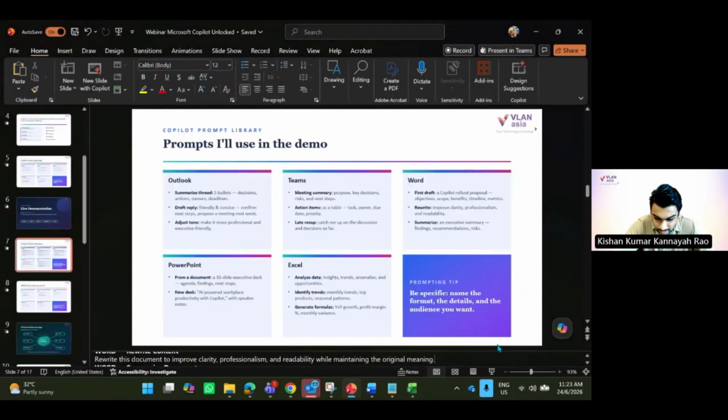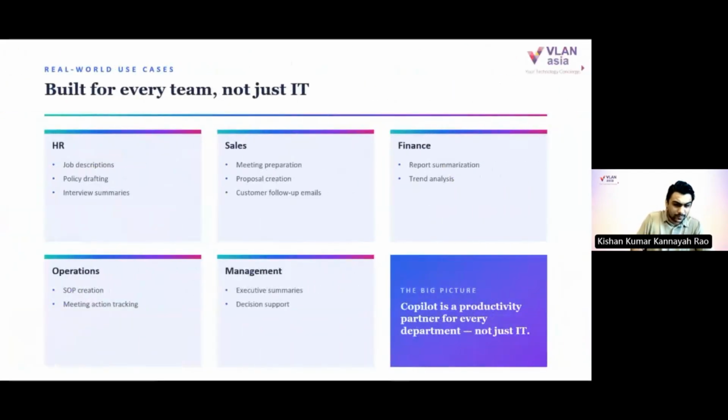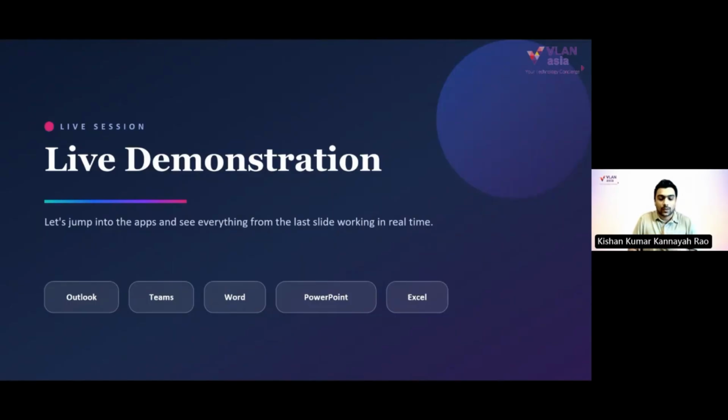So that is how we can use all these applications with Copilot. So this is actually not a quick one. Maybe we took about 30 minutes to look at it.